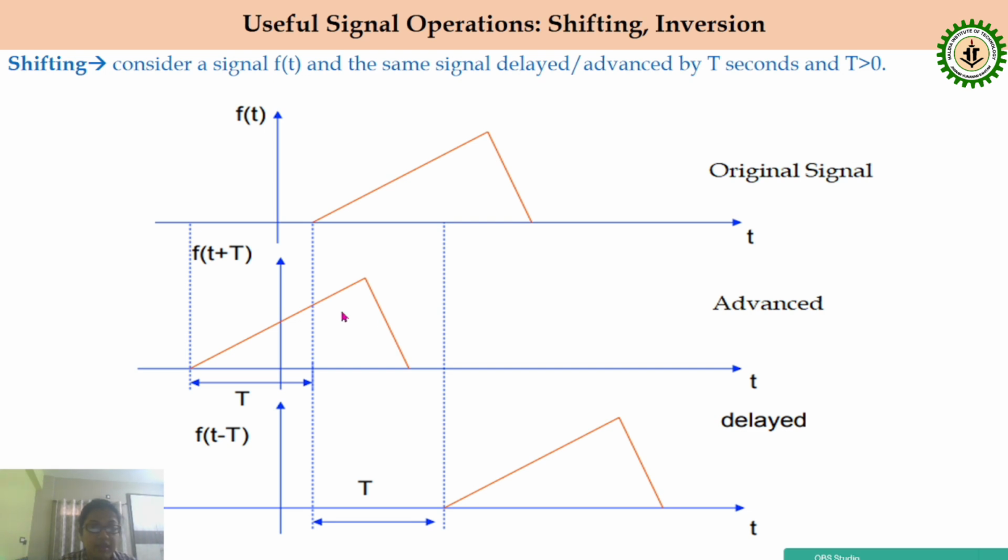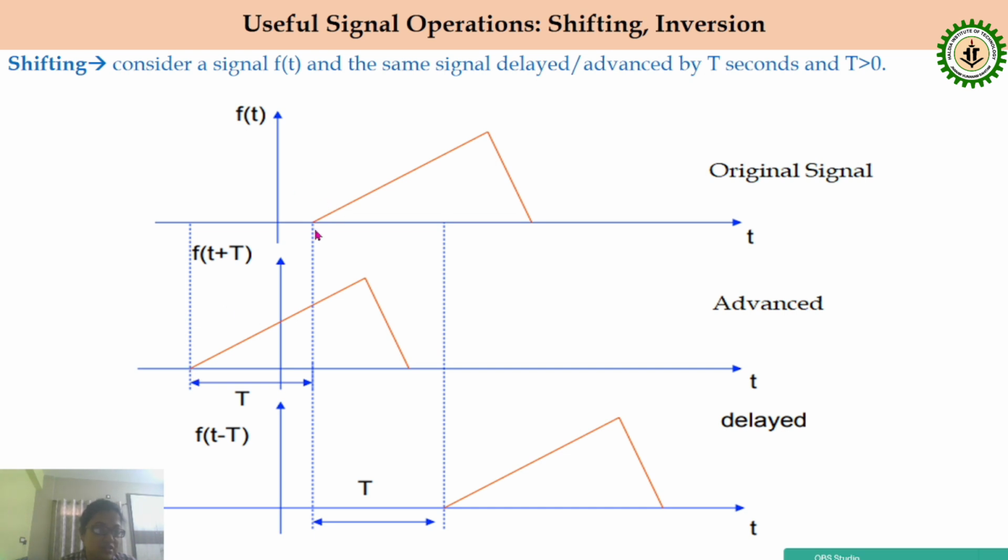Okay. I also gave one example of your classroom. If you consider the origin, or the commencement, of this signal to be your class timing, say 10 am, then the commencement of this signal is before 10 am, say 9:30.